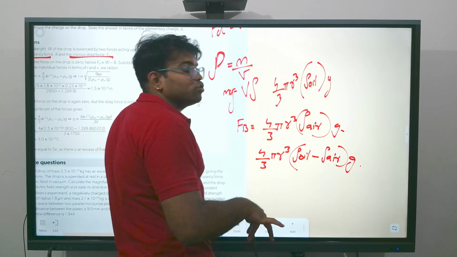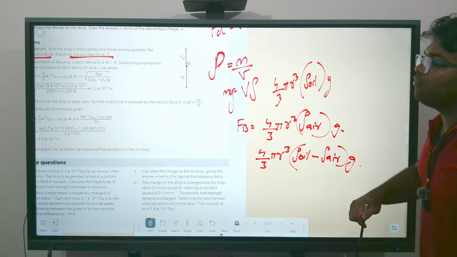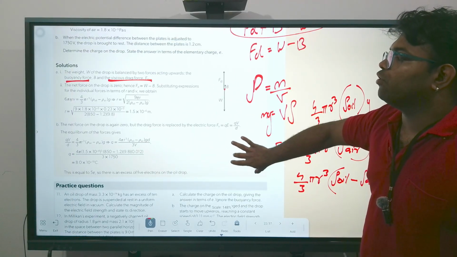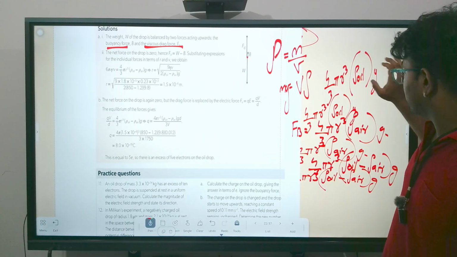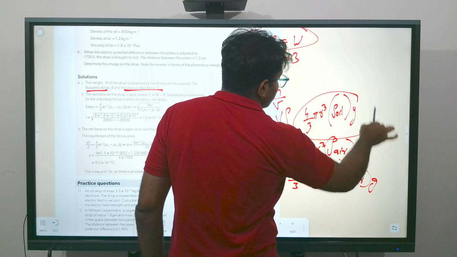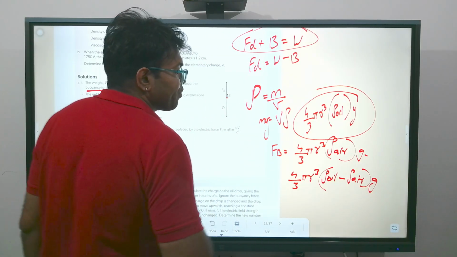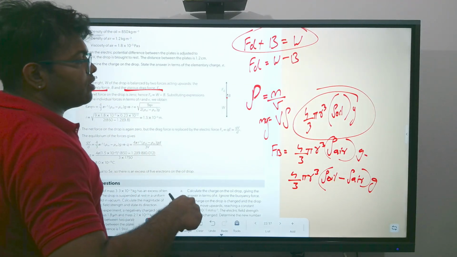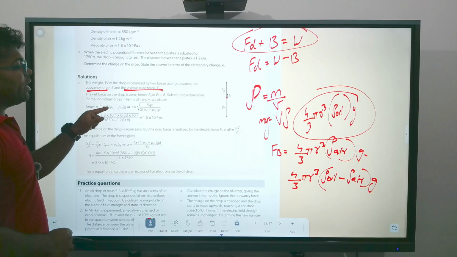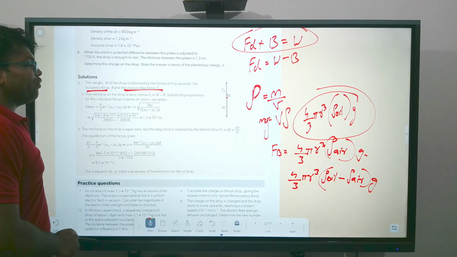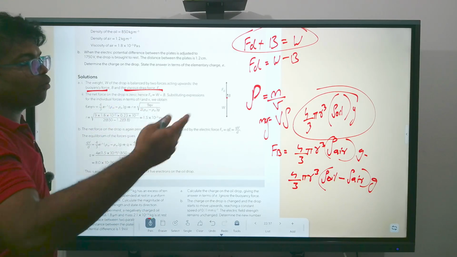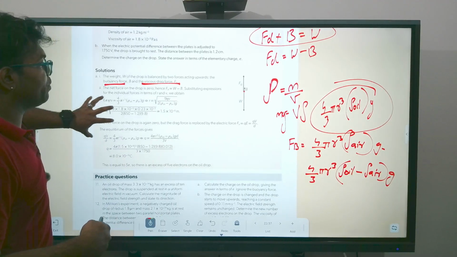Do we have the weight of the oil drop separately as well? No, we don't. This is representing the weight of the oil. The mg, basically 4 by 3 pi r cubed times density of oil minus density of air, because it is going downwards. Now we have the forces provided.